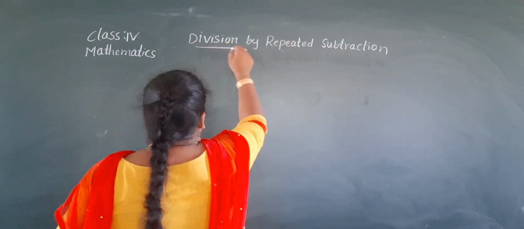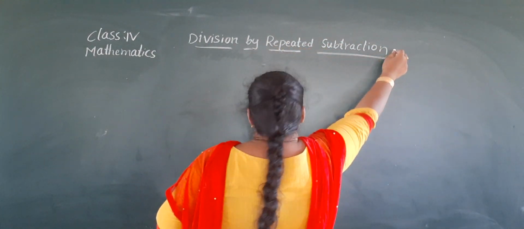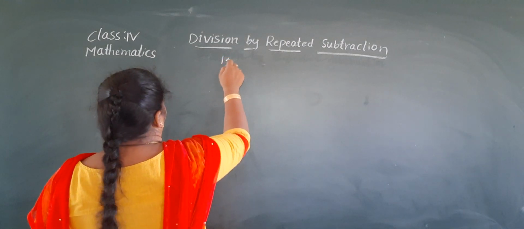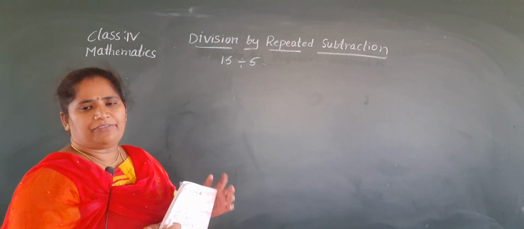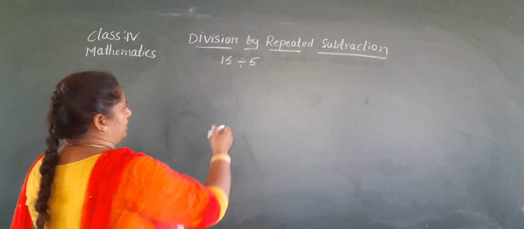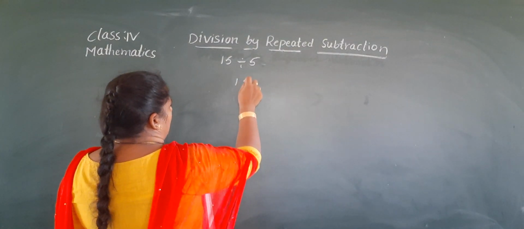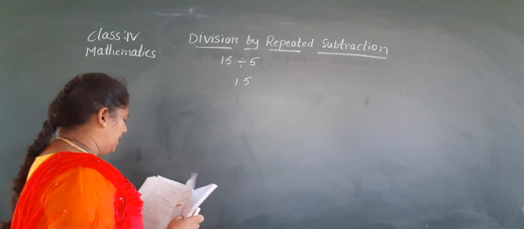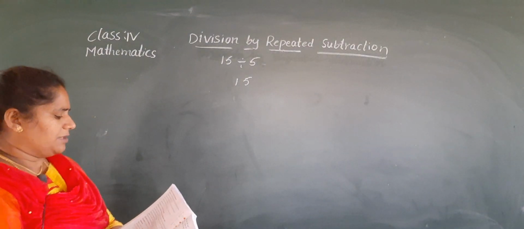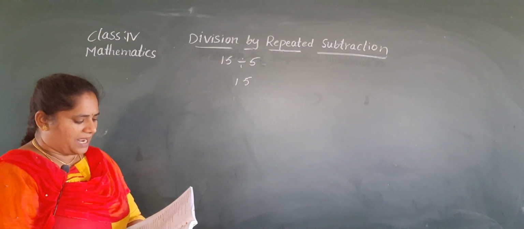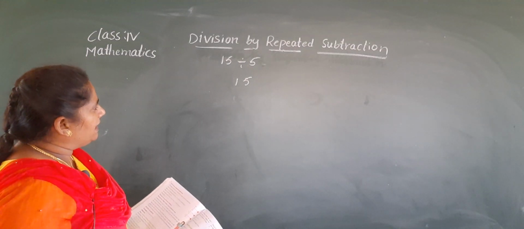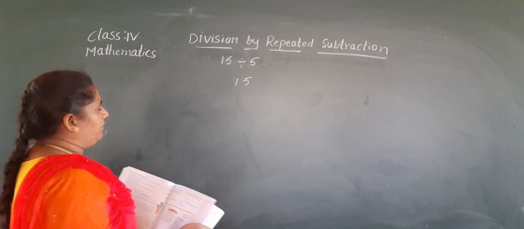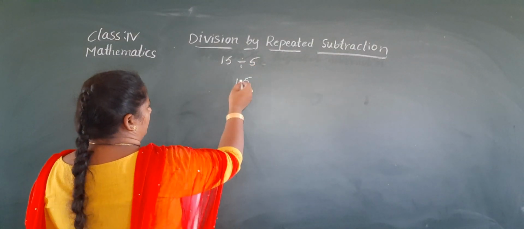So we can do the division by repeated subtraction also. See here children, let us take the example 15 divided by 5. The dividend is 15. Since 15 is being divided by 5, we will keep subtracting 5 from 15.